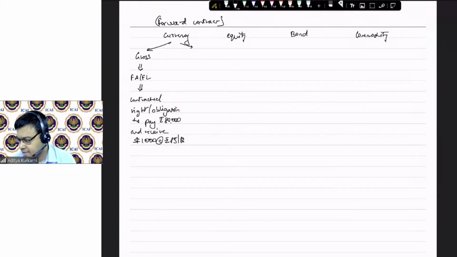Is it okay? Yes. Yes, obviously cash, it's not saying only INR, right?